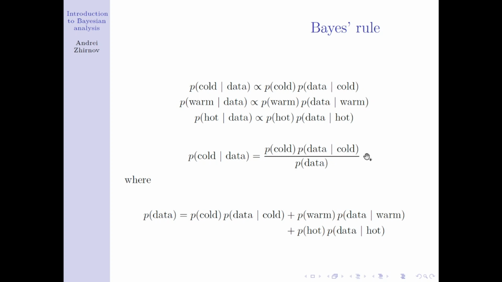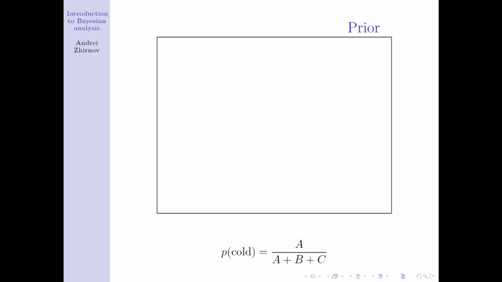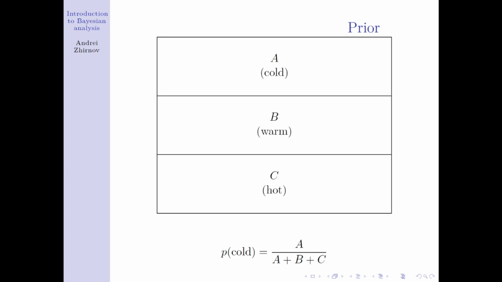To give you more intuition about these calculations, let me show you a picture. Imagine that we are sitting in a room and we have not observed any of the data yet. This rectangle here represents the universe of all possibilities. We can divide that rectangle into three stripes, three events. The top stripe will correspond to the event that it is cold outside.